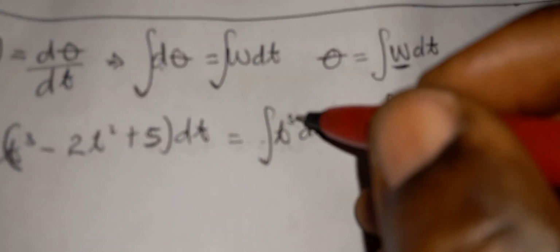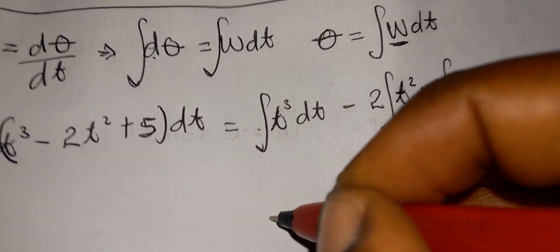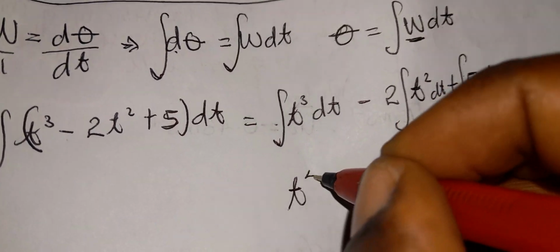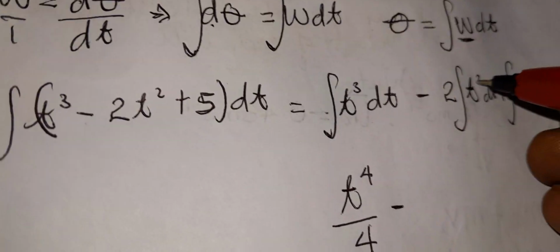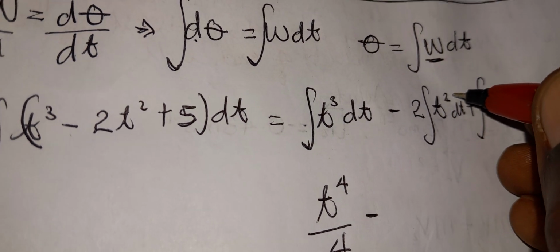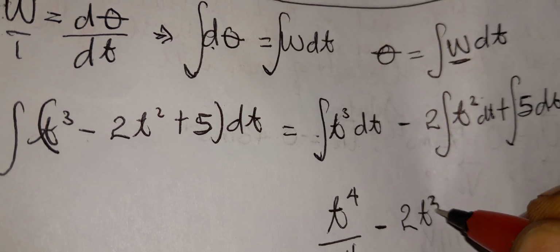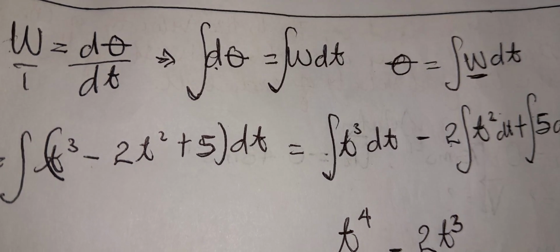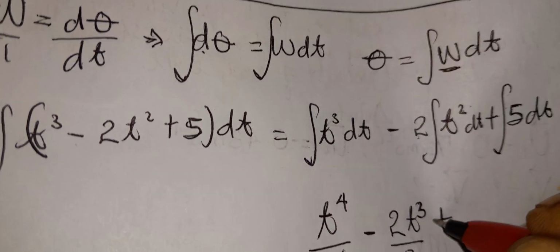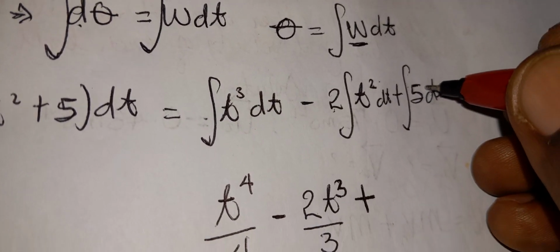As we've discussed earlier, this value is 3 plus 1, it's 4. So I'll be having t to the power of 4 over 4 minus, 2 plus 1 is 3, so I'll be having 2t to the power of 3 over 3. This 2 is actually the constant, so I just brought it out, plus, now where is t here?